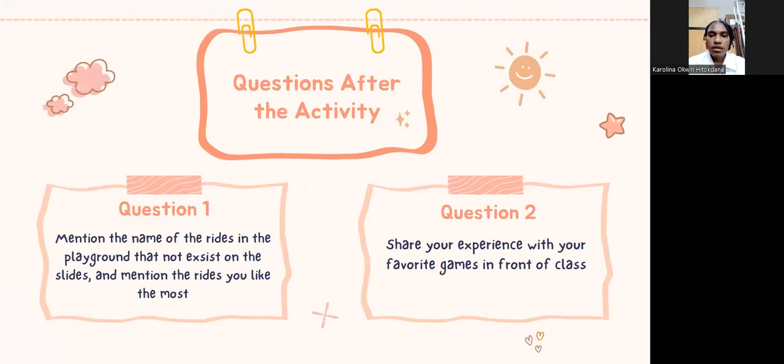Okay. In this activity, the teacher will give questions after the activity that the students have done. Like, for example, for question 1, mention the name of the rides in the playground that now exist on the slides, and mention the rides you like the most.